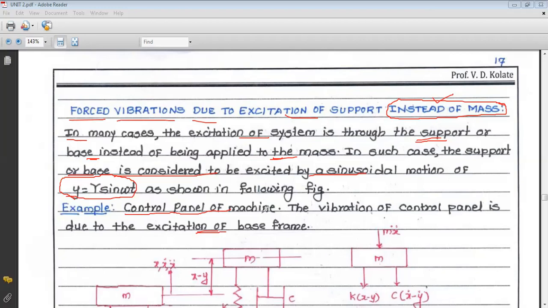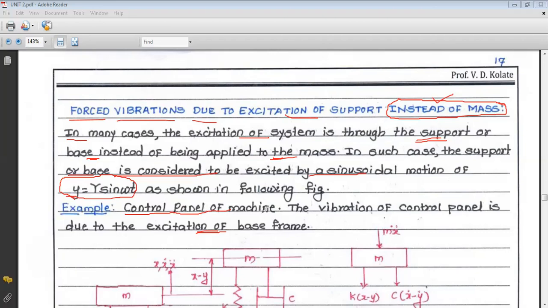For example, if a machine has rotating or reciprocating motion and a control panel is mounted on that machine, then after excitation of the machine, there will be excitation of the control panel. So this is an example of forced vibration due to support or base excitation.